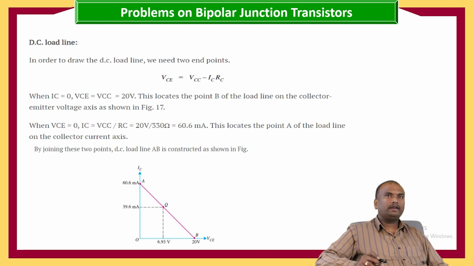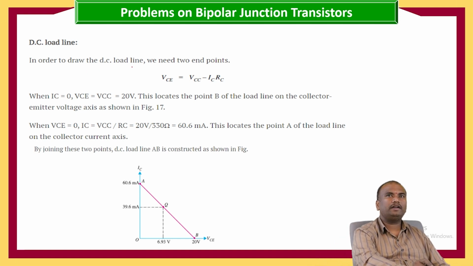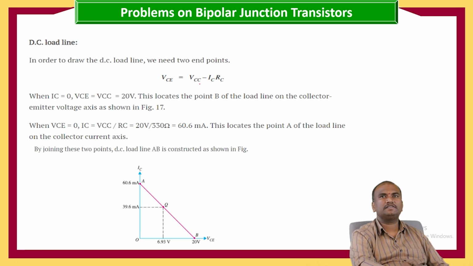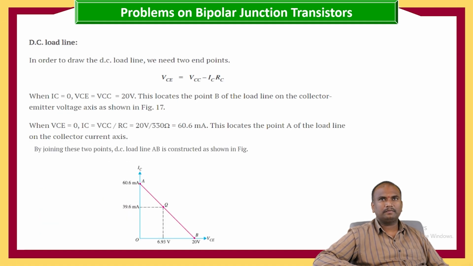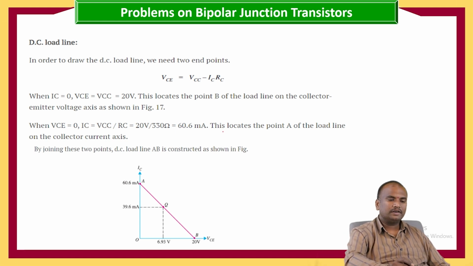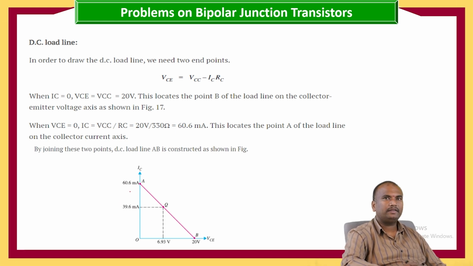The DC load line, in order to draw the DC load line, we need two endpoints. That is VCE is equal to VCC minus IC RC, where IC value is 0, so VCE is equal to VCC. That is 20 volts. Here 6.93 volts and 39.6 milliamperes.